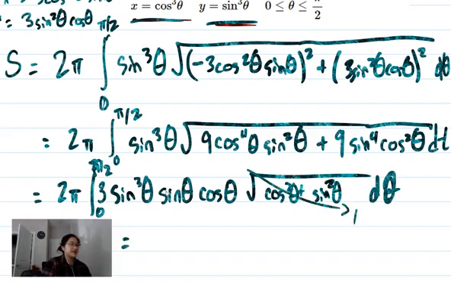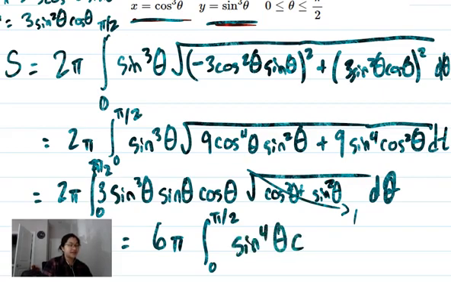So now we have 2 pi times our integral from 0 to pi over 2, and I'm going to pull the 6 out front because we have 2 times 3, of sine to the fourth theta times cosine theta d theta.